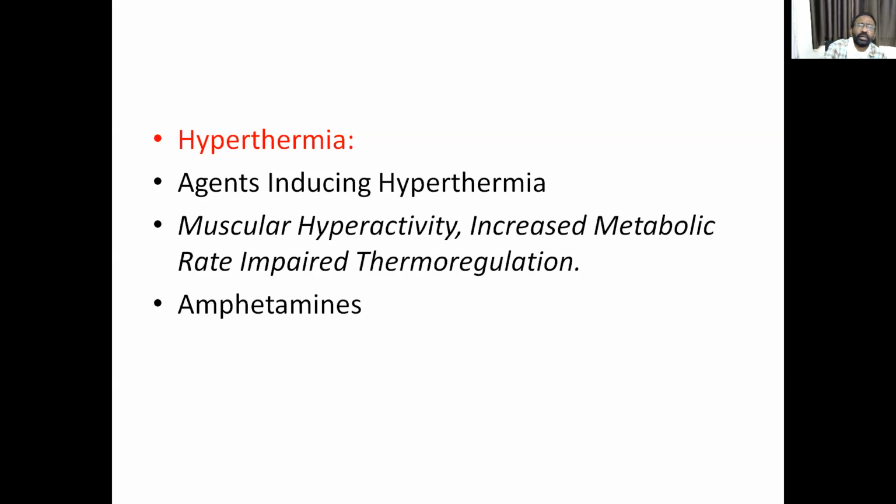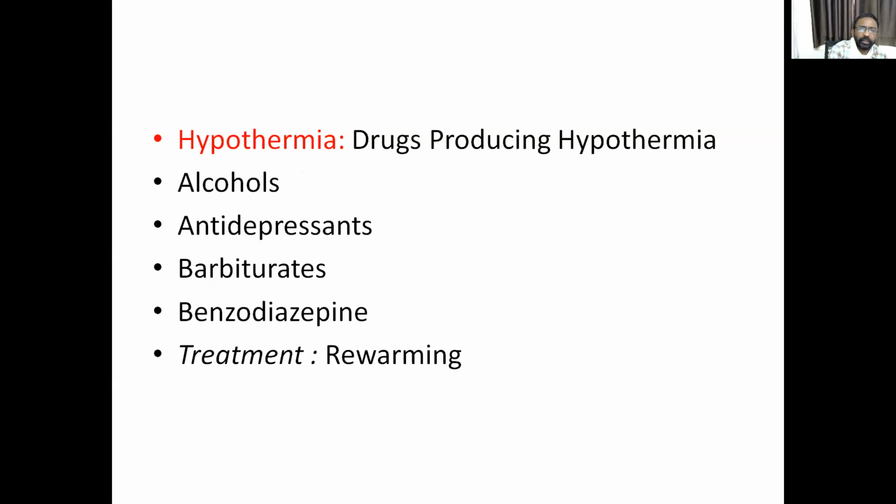If the patient is in hypothermia, rewarm the patient. Cover the person with a warm blanket, or give warm water or warm saline into the stomach. Then the patient may gradually develop warmth.